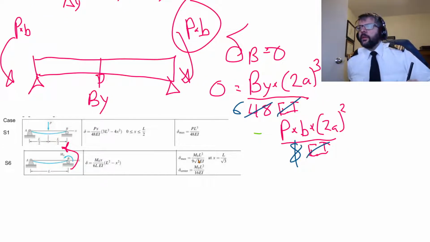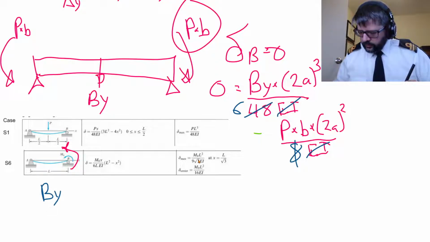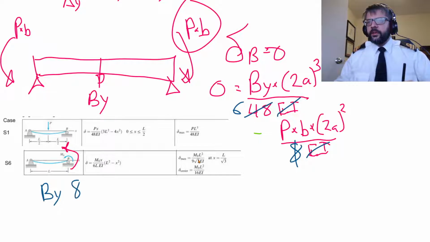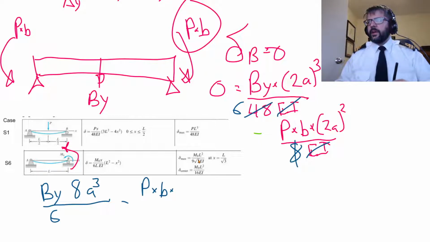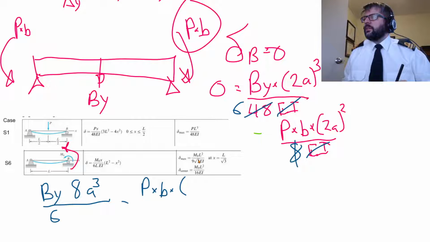So that gives us By times 2 to the third, that's 8a cubed divided by 6, minus P times B times 2a squared, that's 4a squared, nothing on the other side. That's equal to 0.